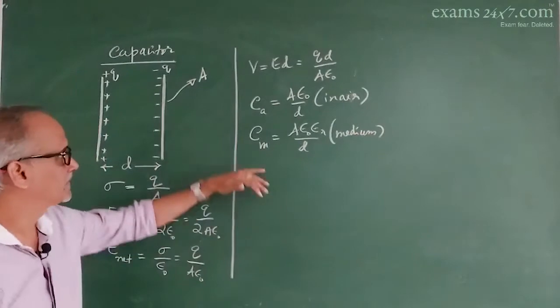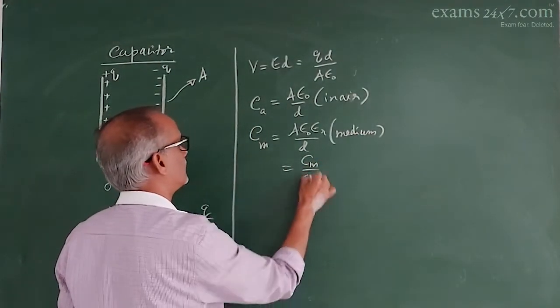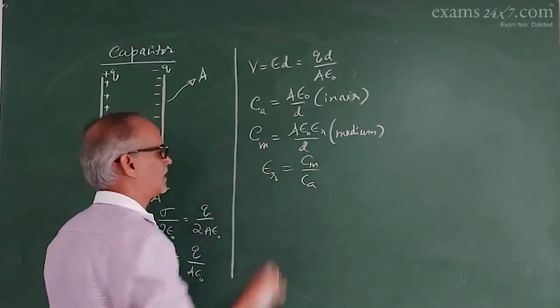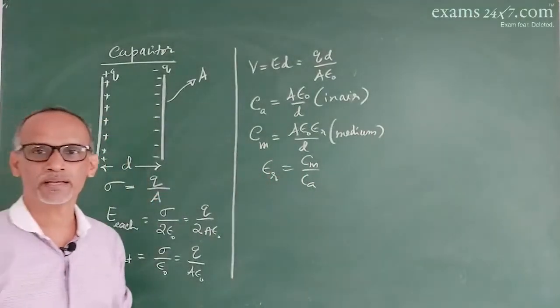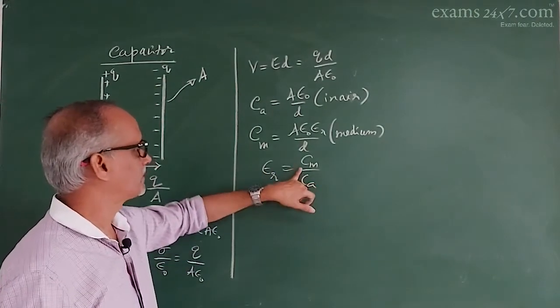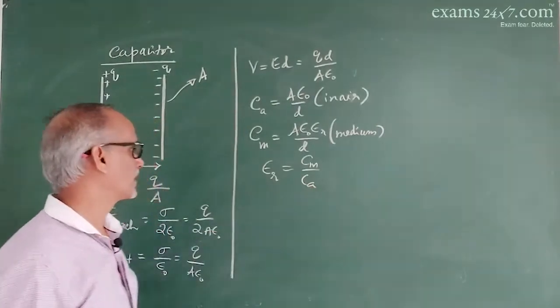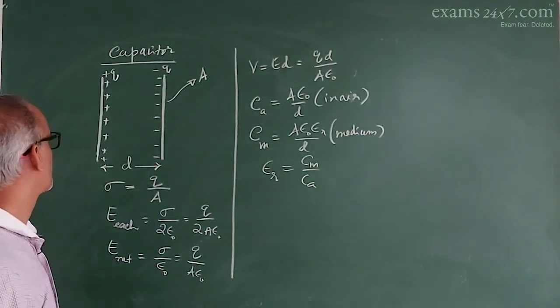So the ratio of these capacities, Cm by Ca, will give you the value of epsilon R, the dielectric constant, which is the ratio of the capacity of the capacitor in a medium to the capacity of the same capacitor with air as dielectric.